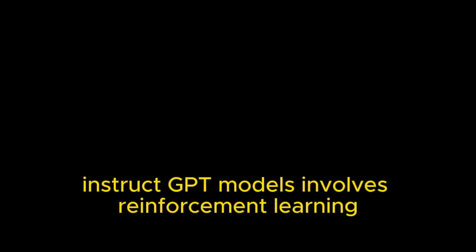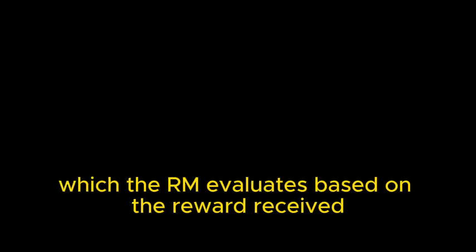The final step in training Instruct GPT models involves reinforcement learning, which is an iterative process. It starts with an initial generative model, such as the SFT model. Then a random prompt is selected, and the model predicts an output, which the RM evaluates.